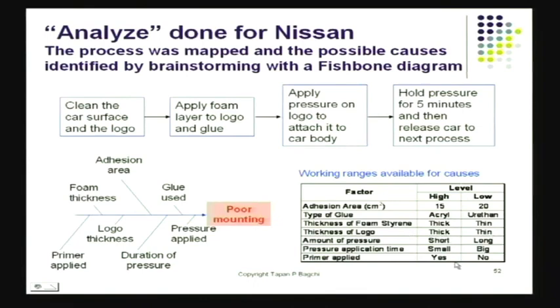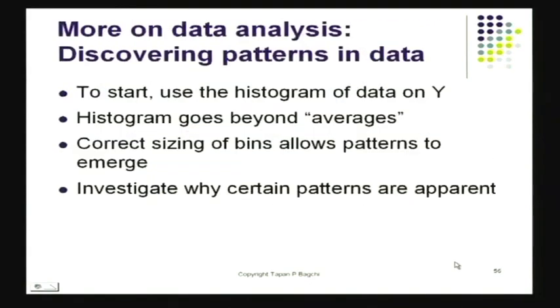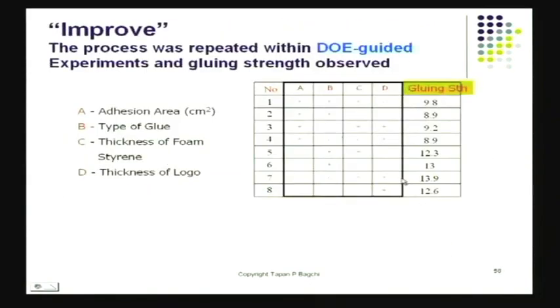Once I do that, it becomes very easy for me to show that on my matrix. So the first experiment will be done like this: factor A set at plus level, factor B at plus level, factor C at plus level, factor D at minus level. I run the process, and I check out the resulting gluing strength, which is actually the sum of two strengths.